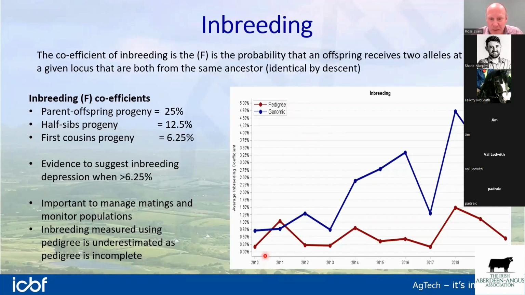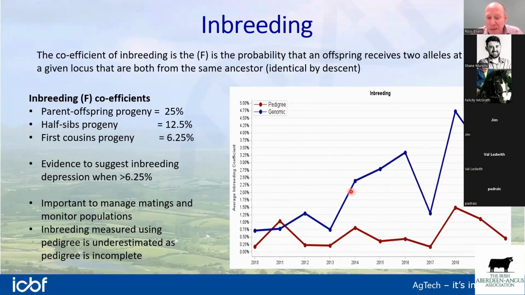You can see that for Aberdeen-Angus at the moment, the level of inbreeding is well below the 6.25%. It jumps up and down a little bit, but the genomic inbreeding is slightly different. It's slightly more elevated, and it's going along similar trend lines.